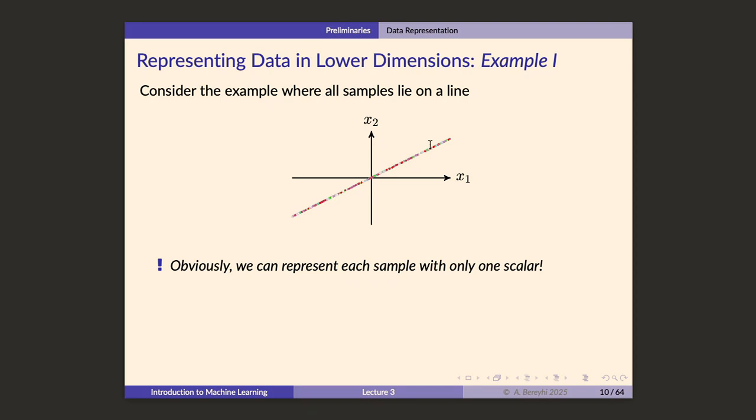Since I know that Xn2 is exactly Xn1, I can just keep this one, right? And this is preserving the information, correct?